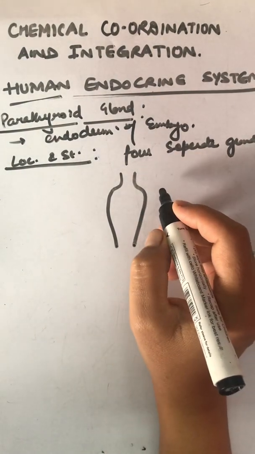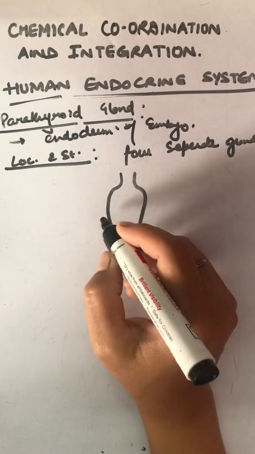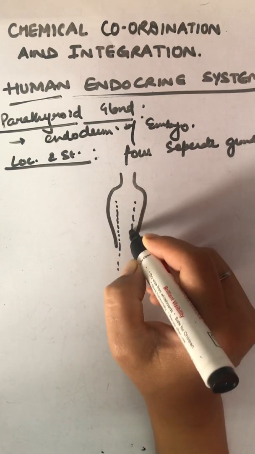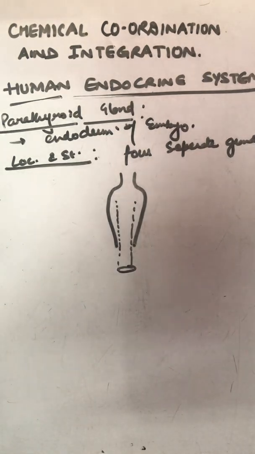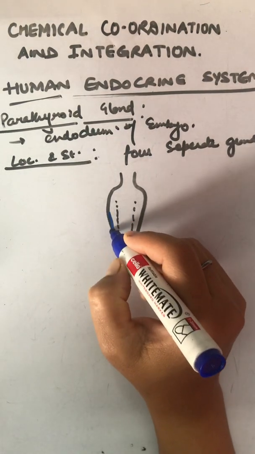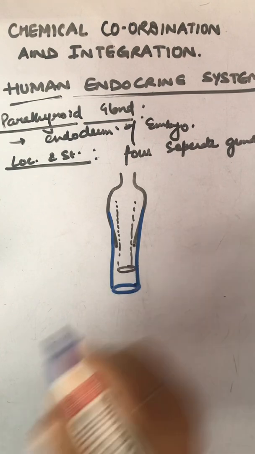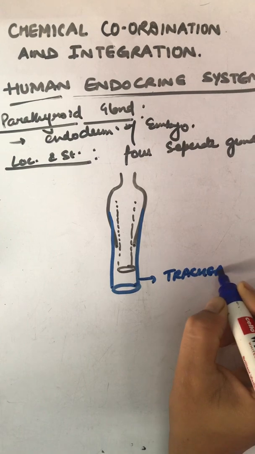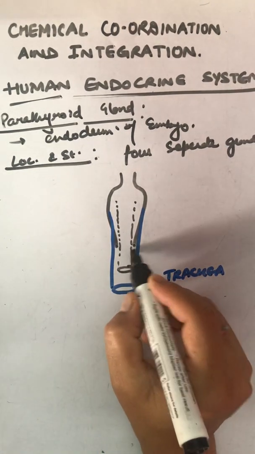If we are saying this is the esophagus region and then is the trachea. Wait a minute, I'll draw the esophagus region and the trachea from the posterior side. This way. And this is trachea. Okay. And the upper black one is esophagus.